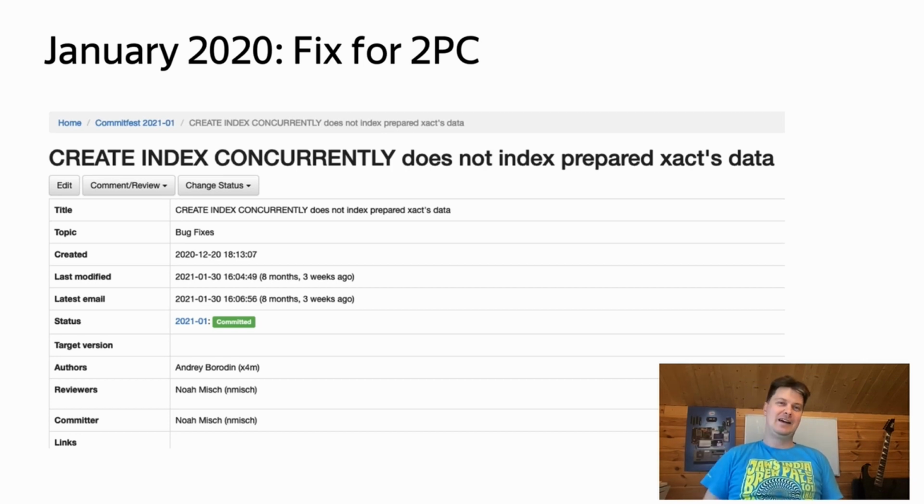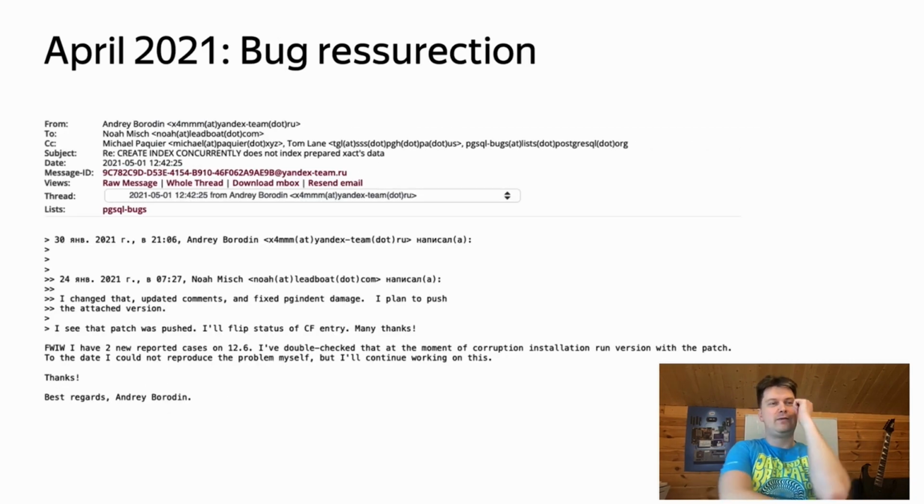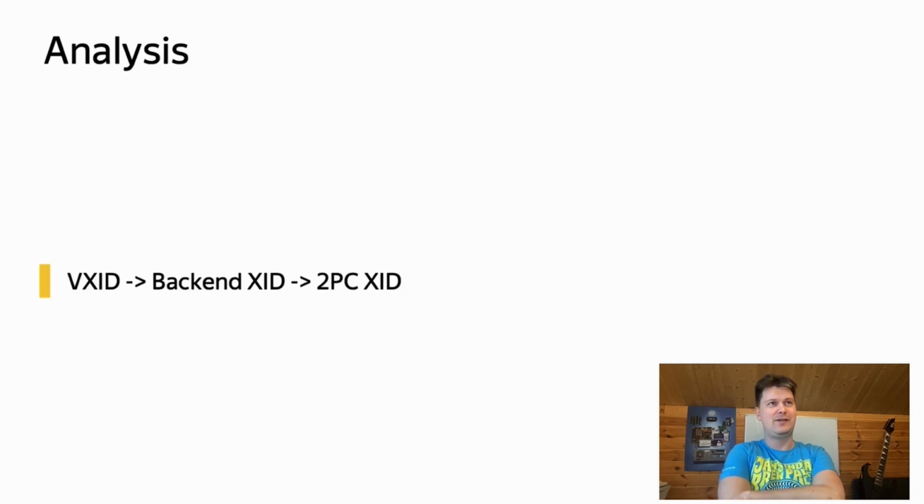We did it after a minor release in February, but in April the S3 team of Yandex Object Storage contacted me and notified me that this problem persists. There's still some bug in CREATE INDEX CONCURRENTLY. I started analysis and it was obvious that we may have a transition from a virtual transaction ID through a real transaction ID to a two-phase commit transaction ID.